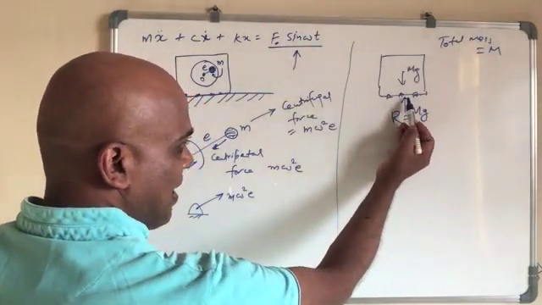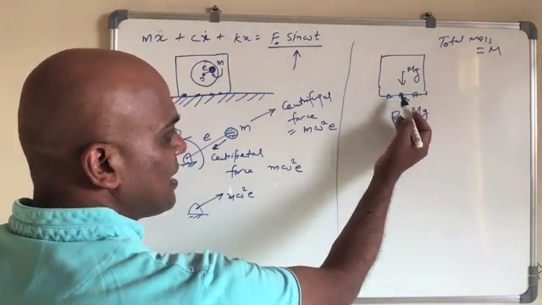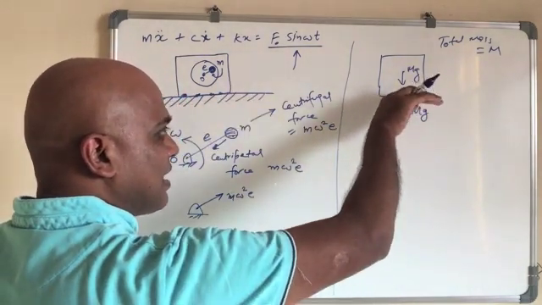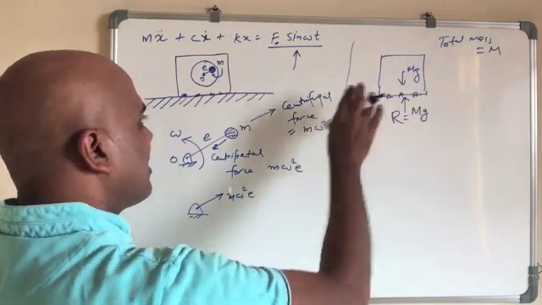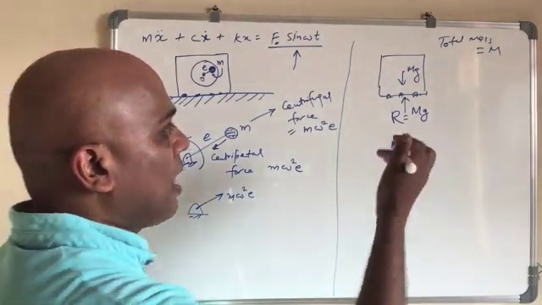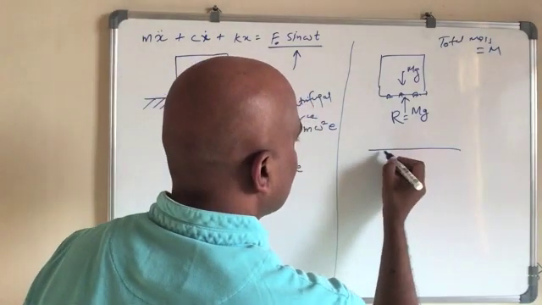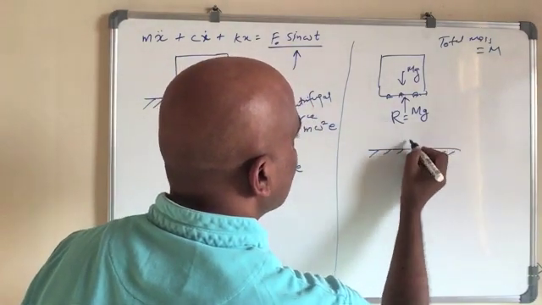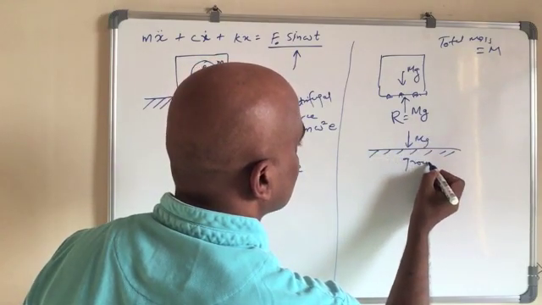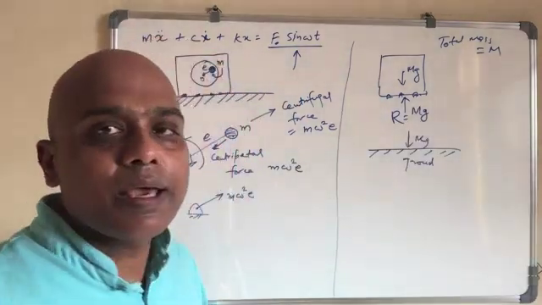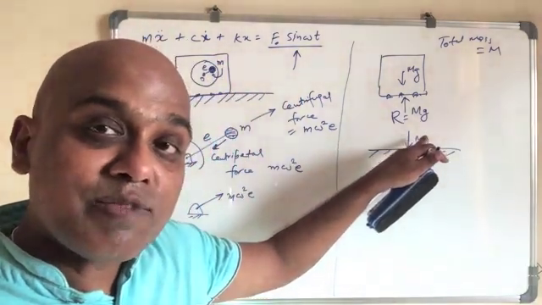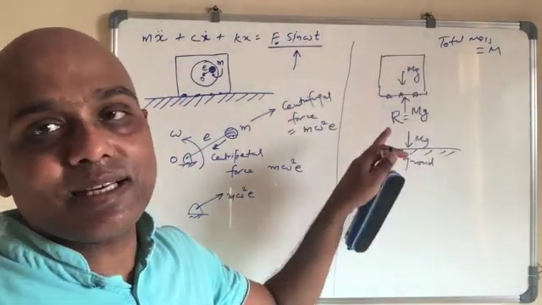At the interface there will be a reaction force on this one. If you look at the ground, what forces are coming? We have this force. This is ground. So ground is feeling the force equal to mg when it is static.